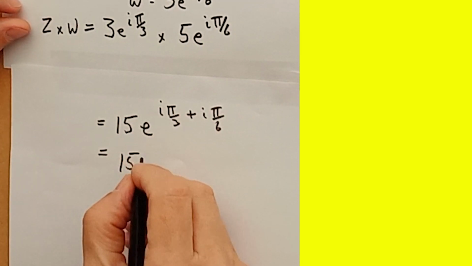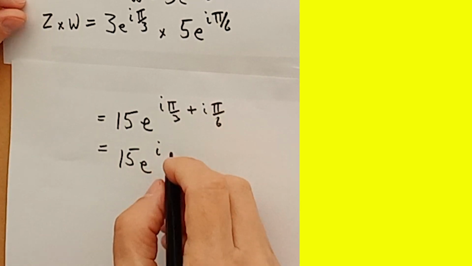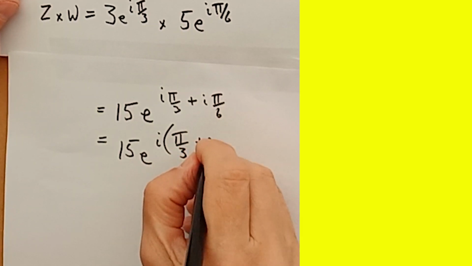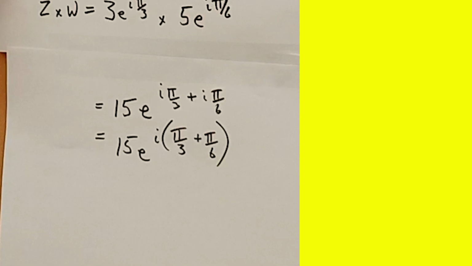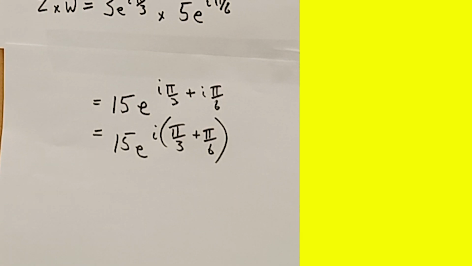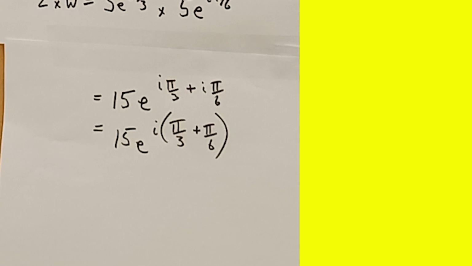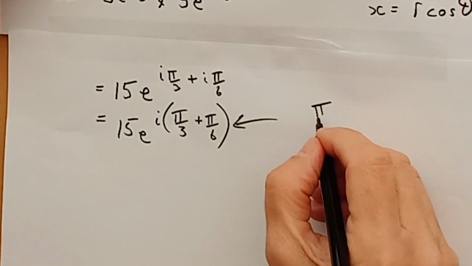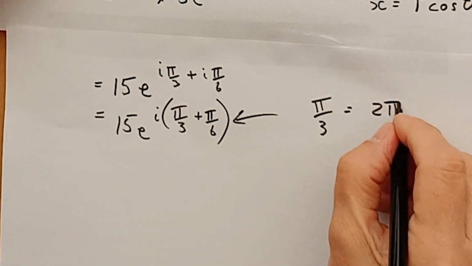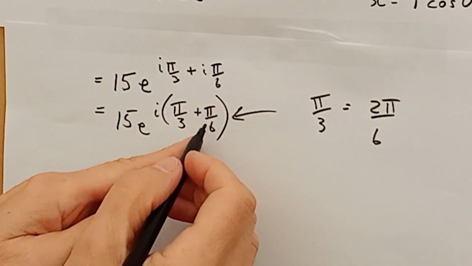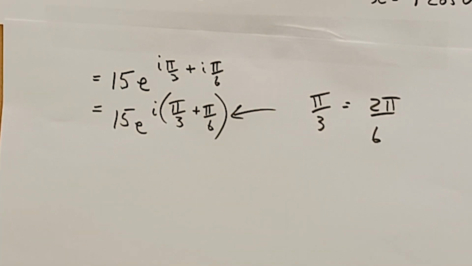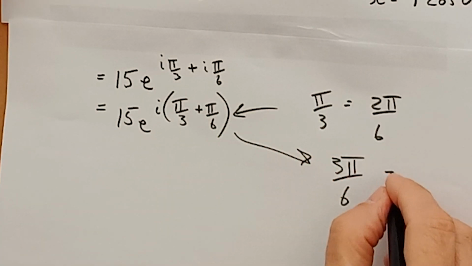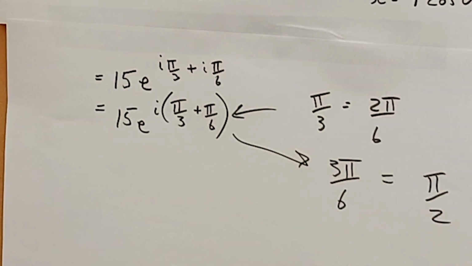Again, equals 15e. Let's take that i away so we're not confused by it. Pi over 3 plus pi over 6. Well, pi over 3 is 2 pi over 6. If we add that to pi over 6, we get 3 pi over 6, which is pi over 2.